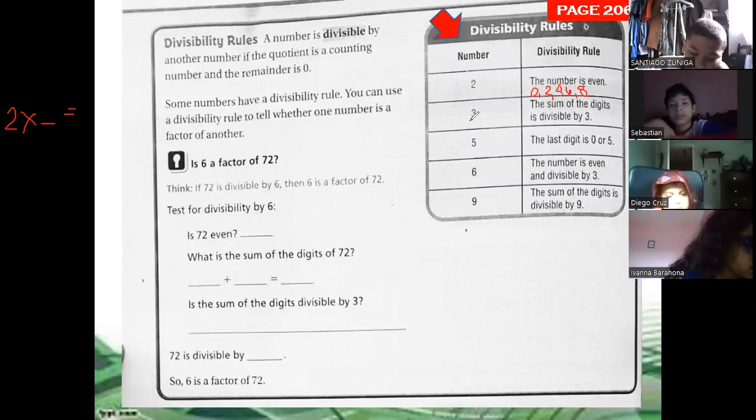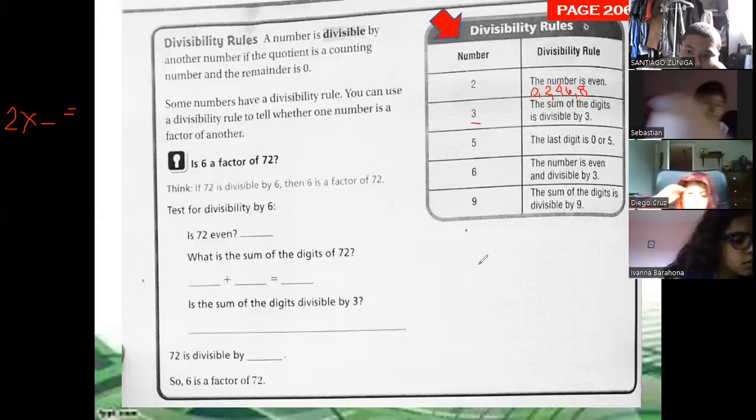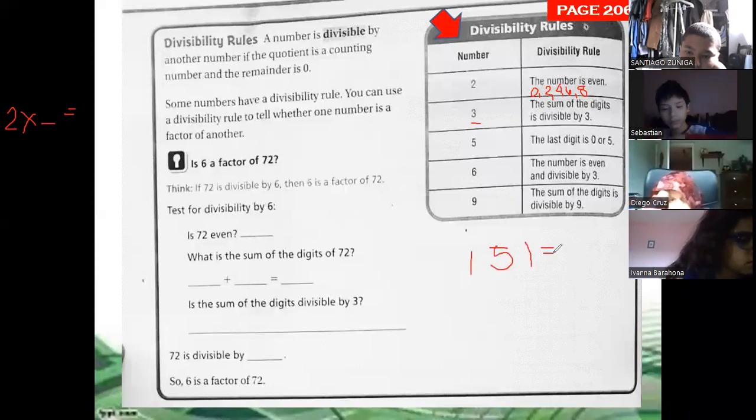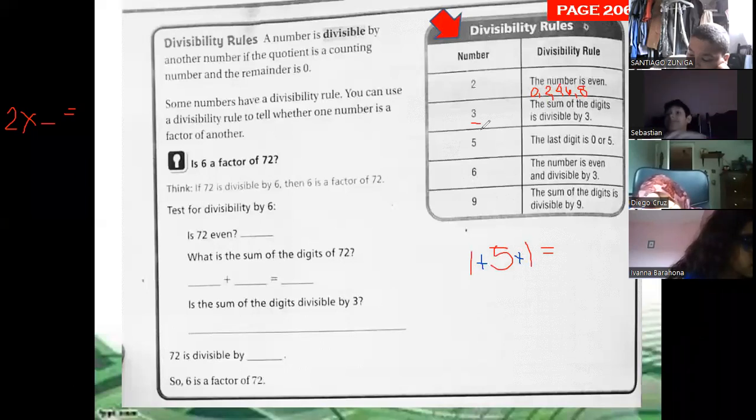Now, a number is divisible by 3 if the sum of the digits is divisible by 3. For example, let's see this number, 151. The sum of the digits, so I have to make an addition: 1 plus 5 is 6, plus 1 is 7.